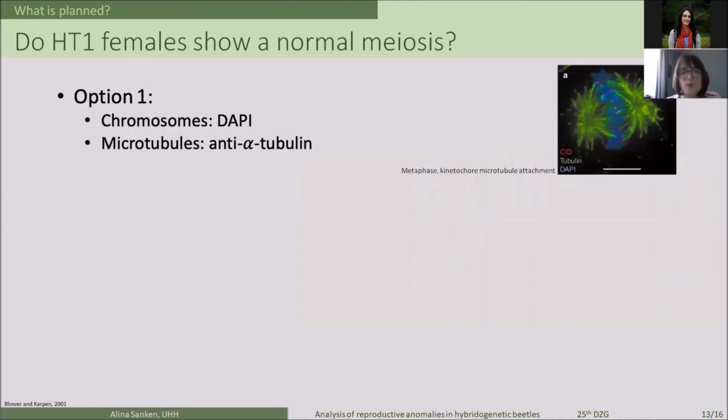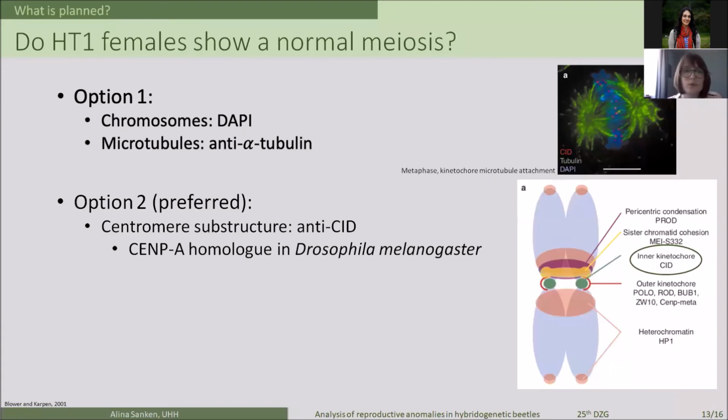So we have 2 options here. First, I could stain the chromosomes using DAPI and label the microtubules using an antibody against alpha tubulin. But what I could also do, because this isn't optimal if I want to count the chromosomes, which I do want to do, is the first method that I will start off with: to label a centromere substructure called CID, which is a CENP-A homologue in Drosophila melanogaster.